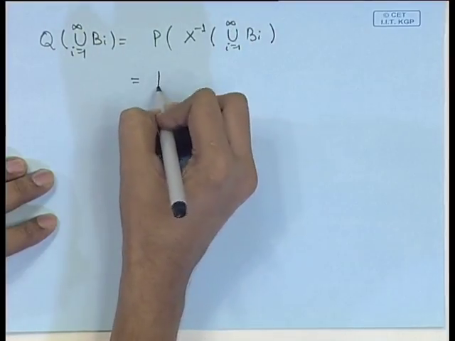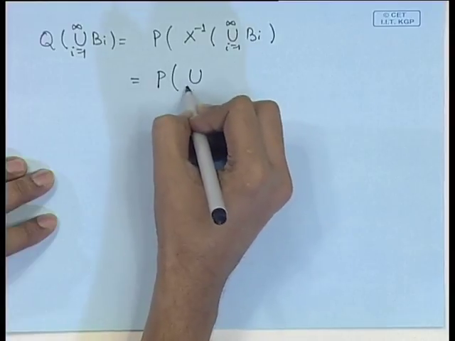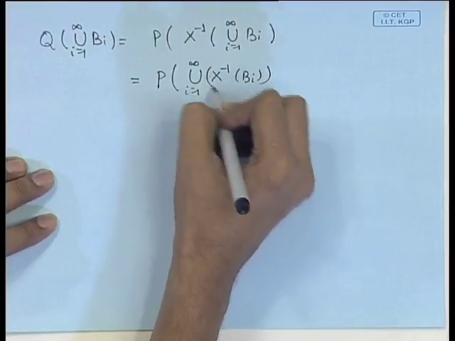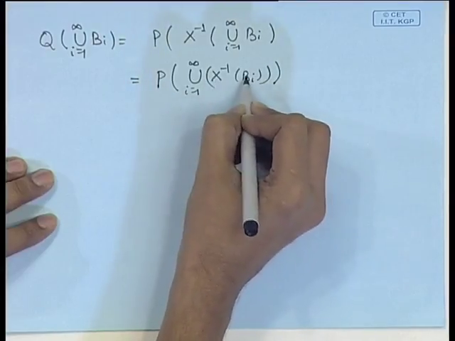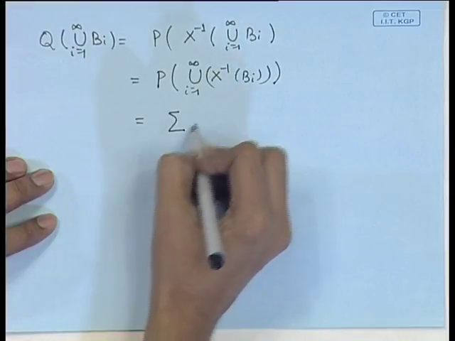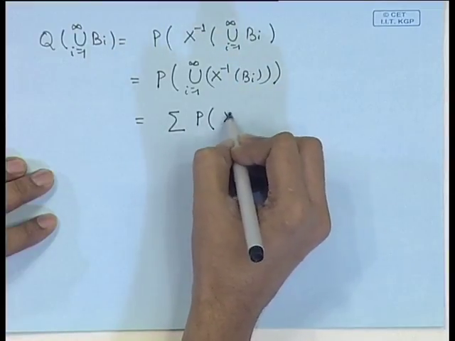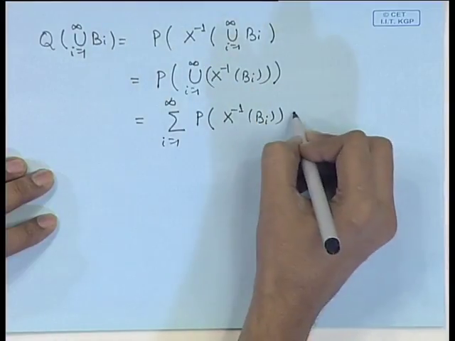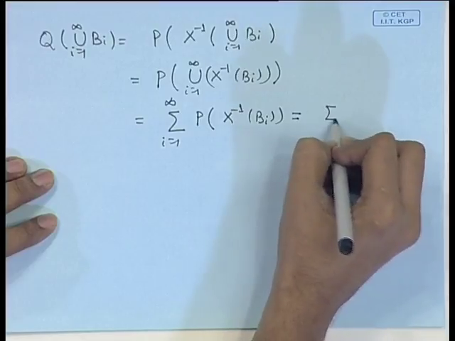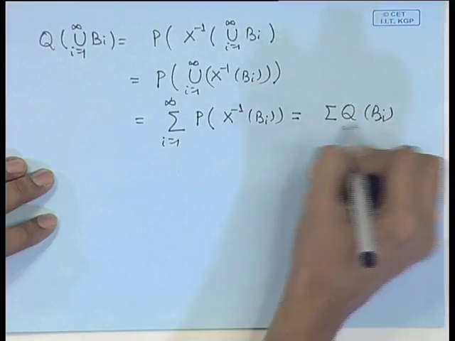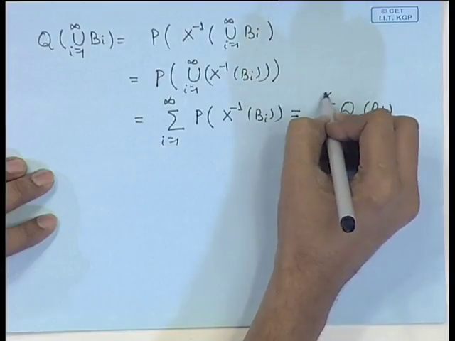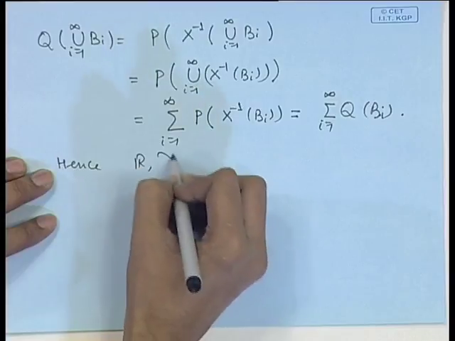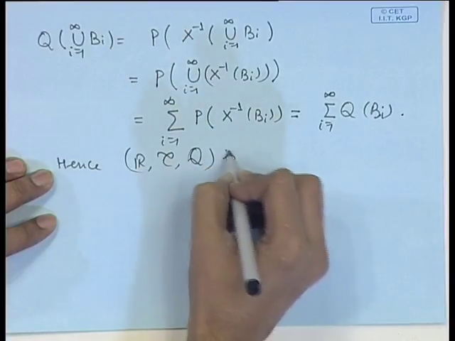By the definition of inverse, if B_i's are disjoint, then X inverse B_i's are disjoint, and therefore, by applying the countable additivity axiom, this is exactly equal to the sum of Q(B_i). So, all the 3 axioms are satisfied, and therefore, (R, C, Q) is a probability space.